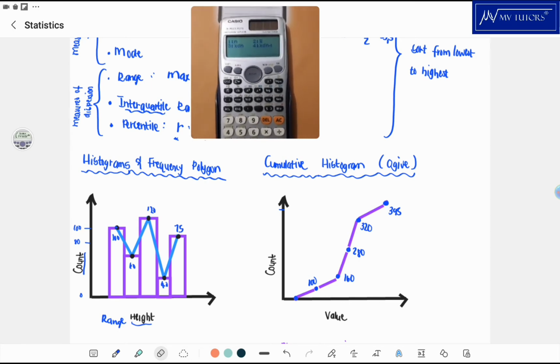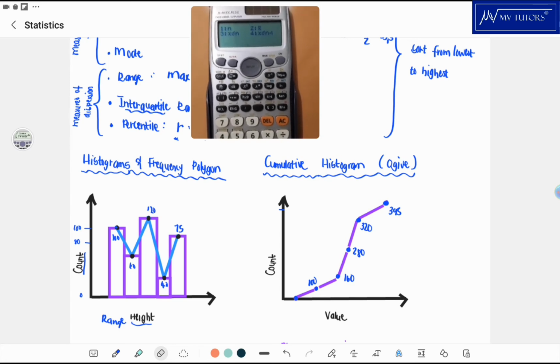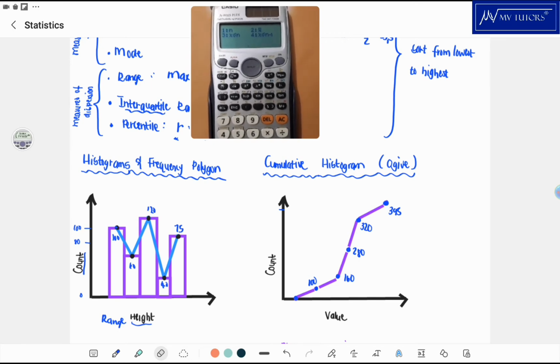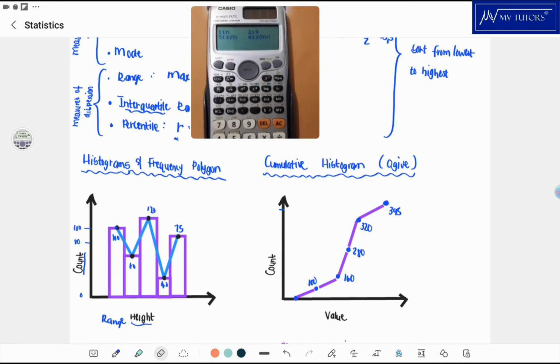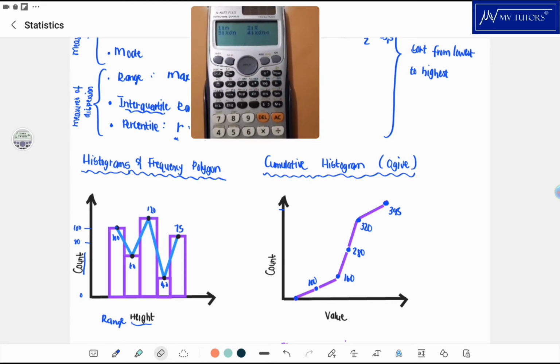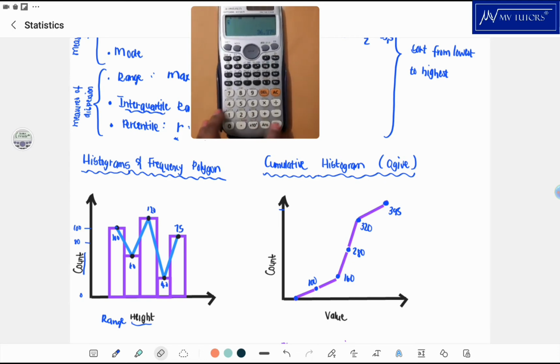So 4, again, if you click on 1, it will tell you how many values you have in your data set. If you click on 2, that will give you the mean, which is x bar. If you click on 3, that will give you the standard deviation. So let's click on 2 and see what the mean is for our data set.